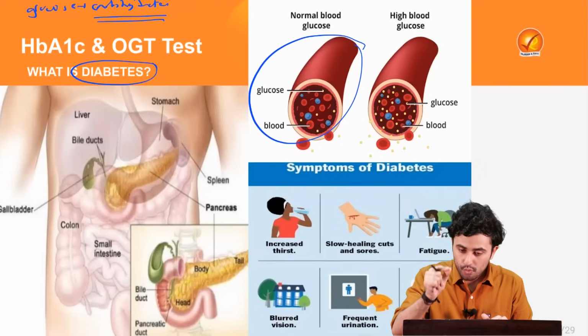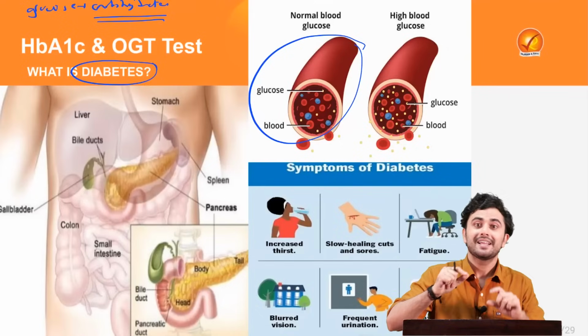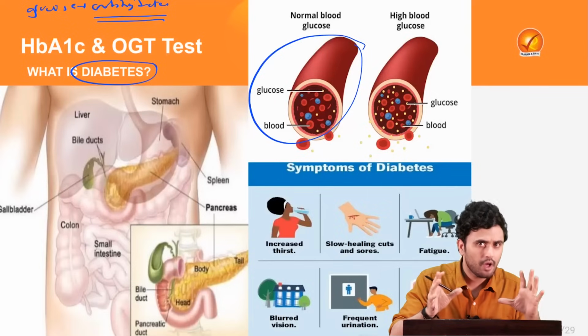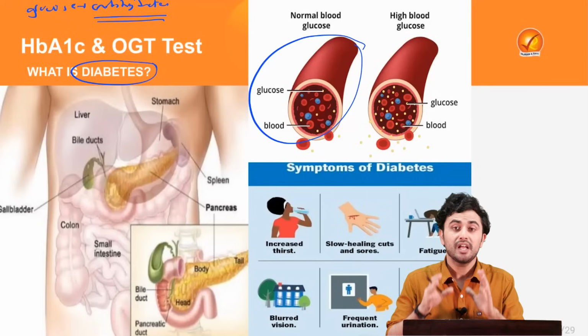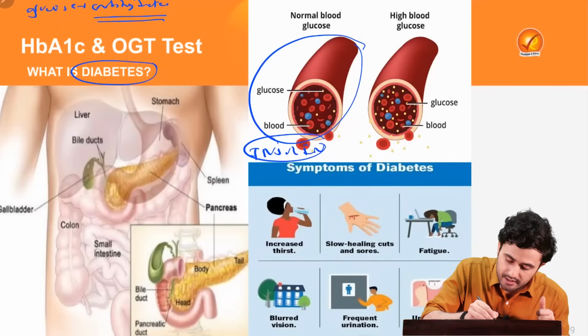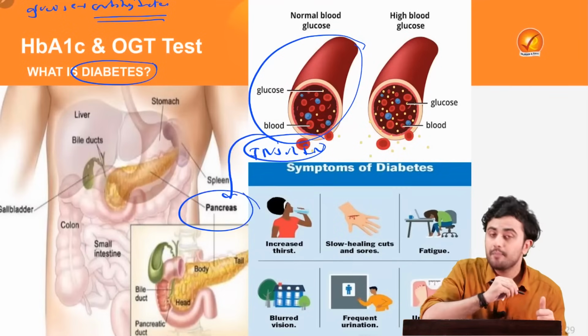Then, to convert this glucose into the form of energy, you require a special hormone or chemical messenger called insulin. And this insulin is produced in the pancreas.